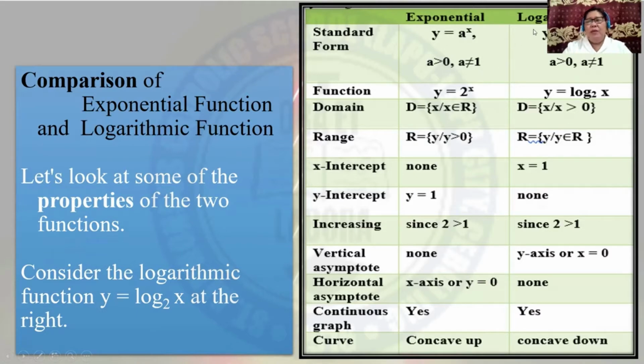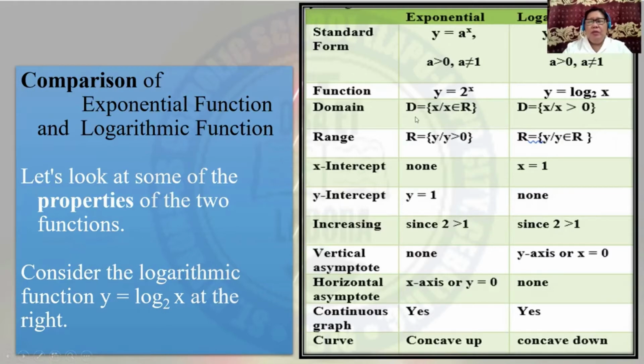For the logarithmic function, we have y is equal to log x to the base a, where a is greater than 0 and a is not equal to 1. So for example, the exponential function is y is equal to 2 raised to x. And the logarithmic function is y is equal to the log x base 2.